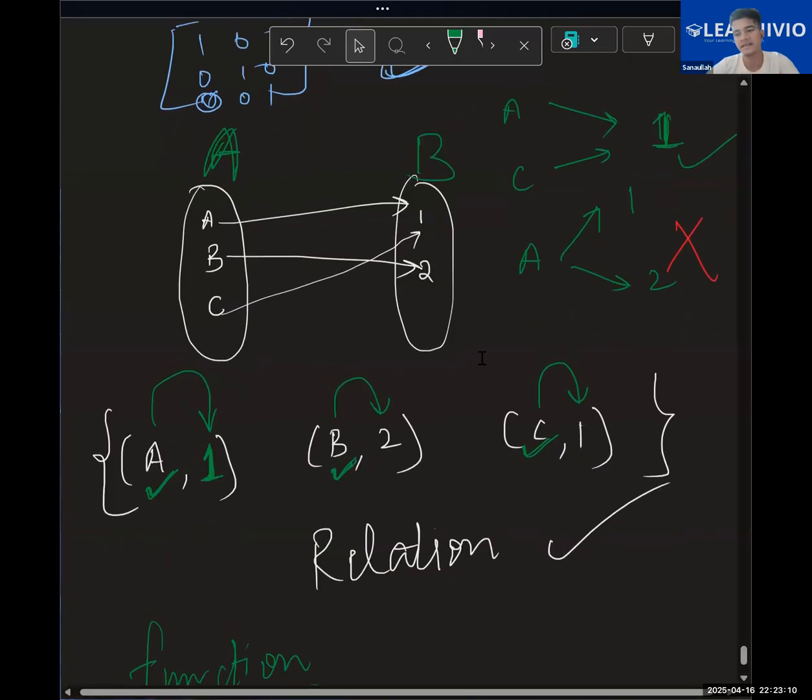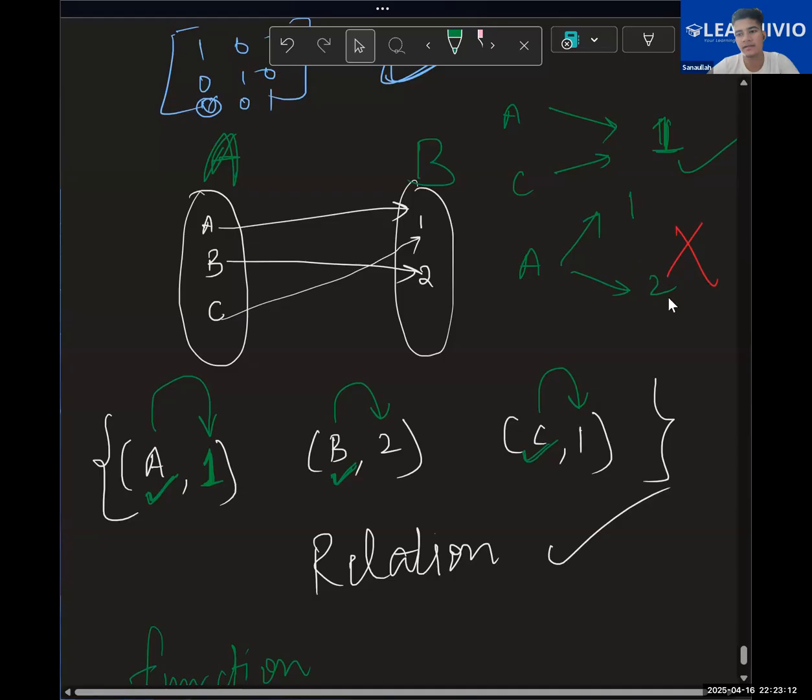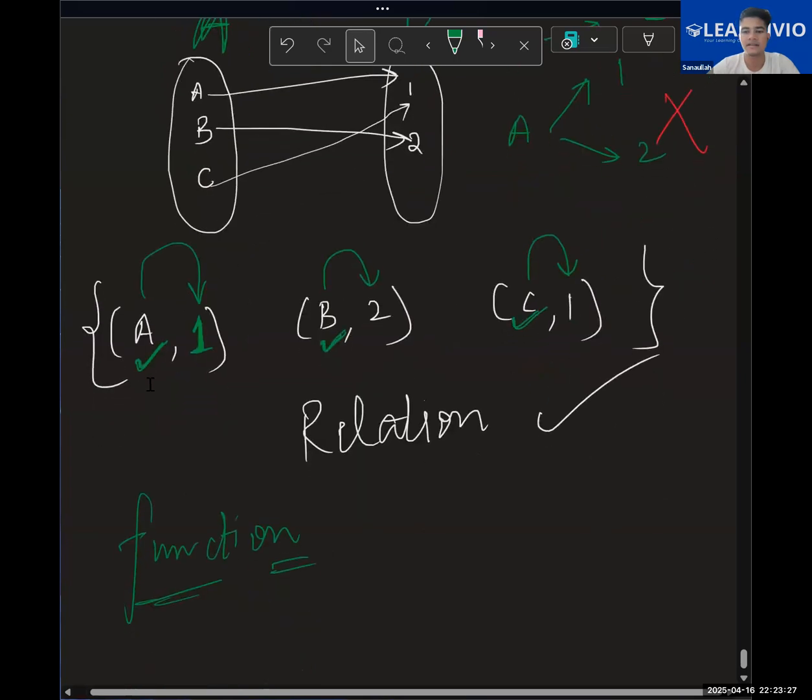So in this case, A is having one and A is having two. That means A is having multiple images in set B. So we can't say that this is a function. So this statement is wrong. So this is not a function. But in this relation, the image of A is 1, the image of B is 2, the image of C is 1.